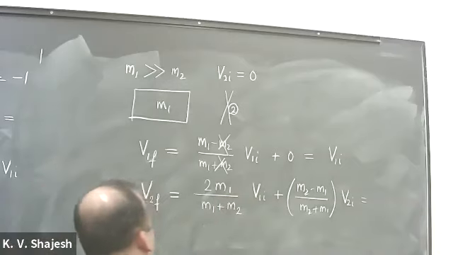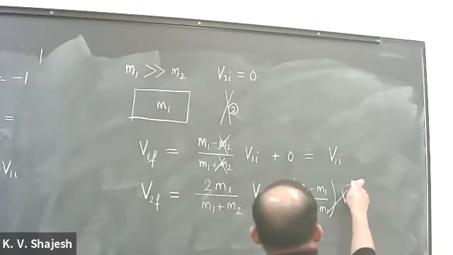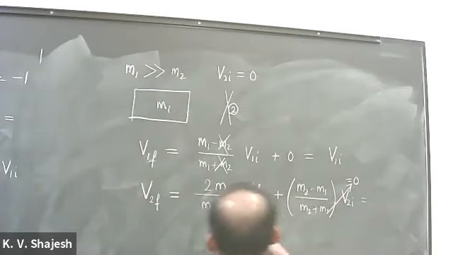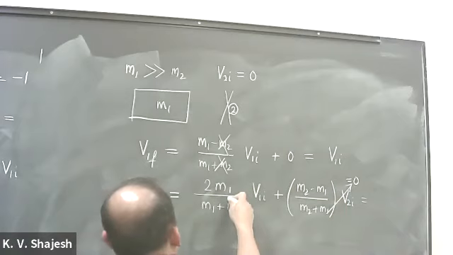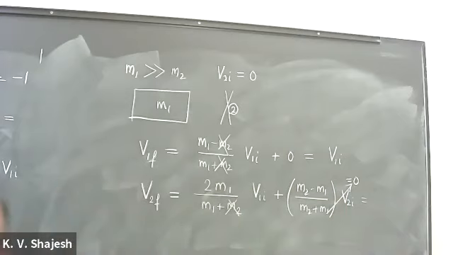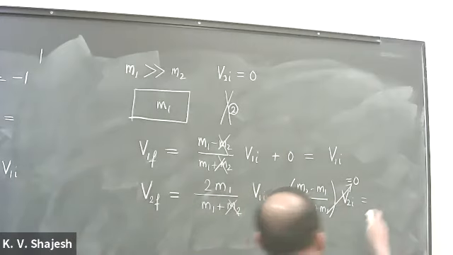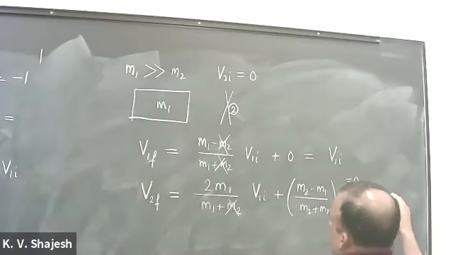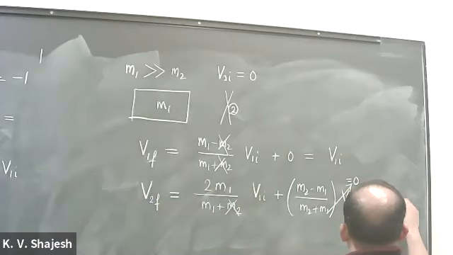So M1 now, so this is 0 for sure. M2 is small, so I can drop this. And now M1 cancels out afterwards. And what I get is 2 times V1 initial.